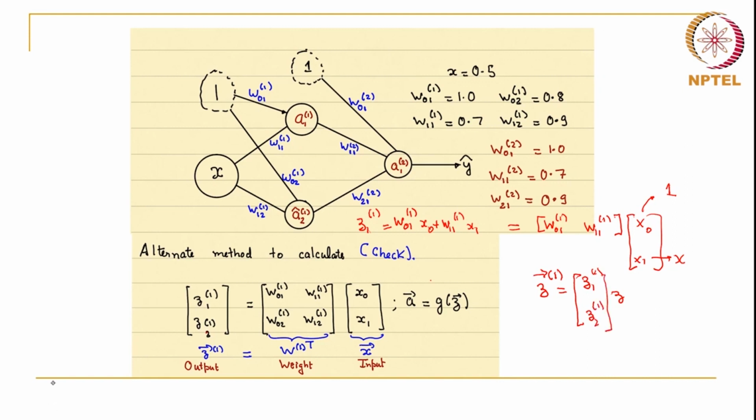We will not be using too much of this, but I will have to use it when I finally come to showing you back propagation. This I can write as weight multiplied by input, weight matrix, and this is typically written as W transpose X.